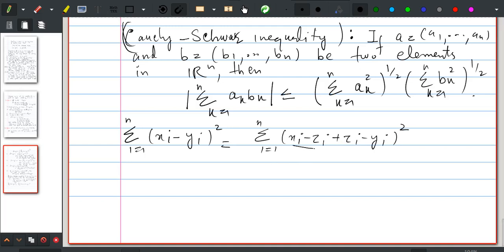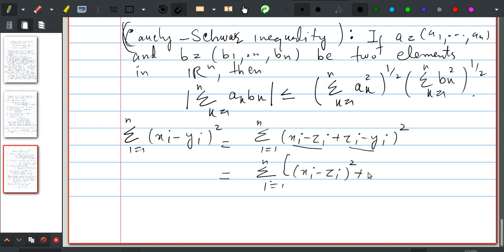Now if we consider the first term a and the second b, using the formula (a plus b) squared, that is sigma i runs from 1 to n (xi minus zi) whole square plus (zi minus yi) squared plus 2 times (xi minus zi) times (zi minus yi).